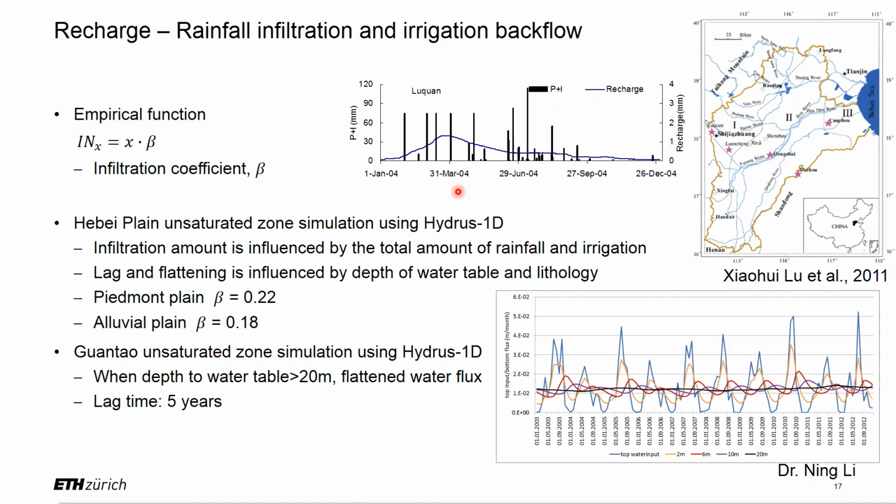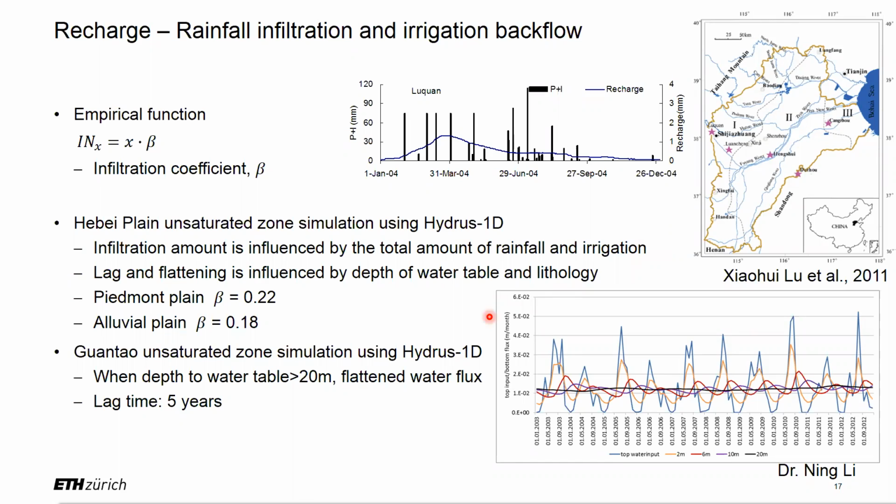The previous research on the whole Hebei Plain shows that the infiltration amount is influenced by the total amount of rainfall and irrigation water. And the lag and flattening of flux is influenced by the depth of the groundwater table and the lithology of the soil zone. We also did a similar simulation using HYDRUS-1D in Guantao, and more details will be introduced by Dr. Lining later.